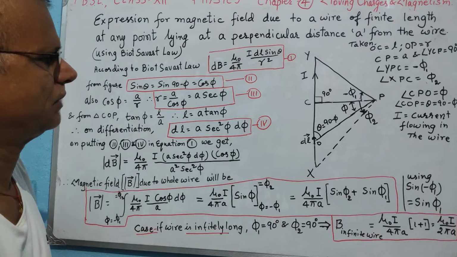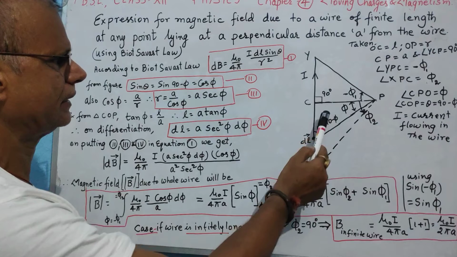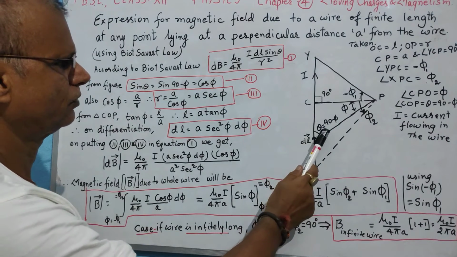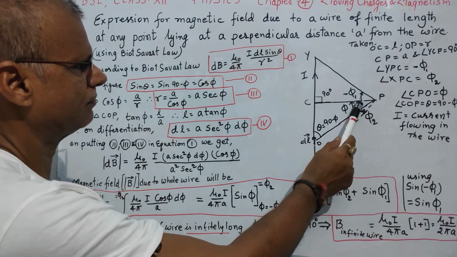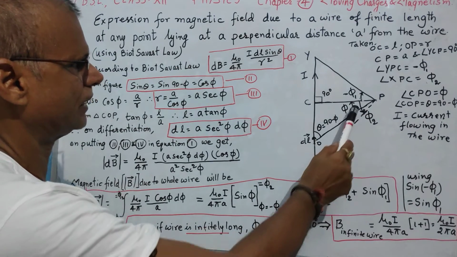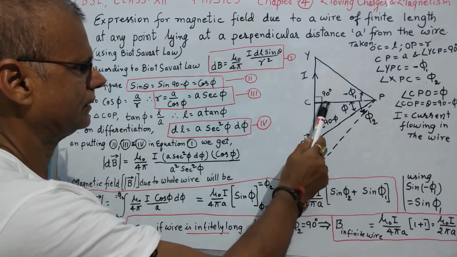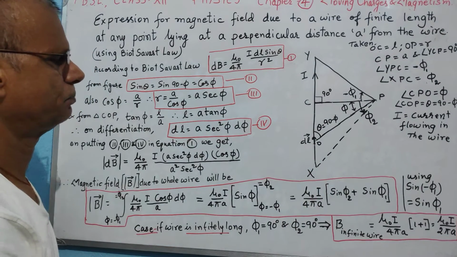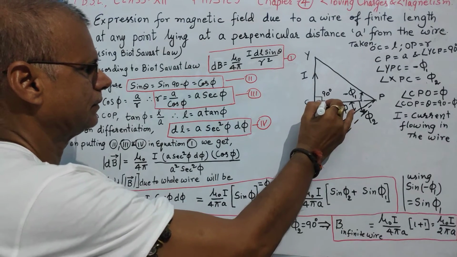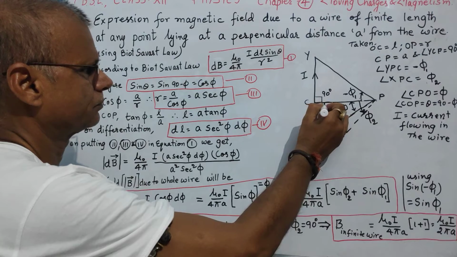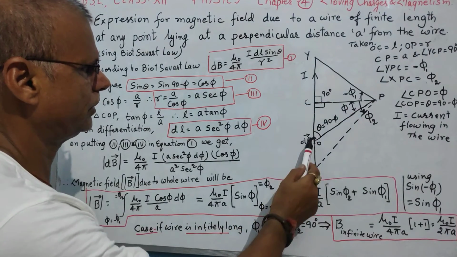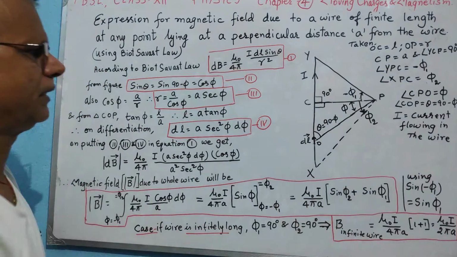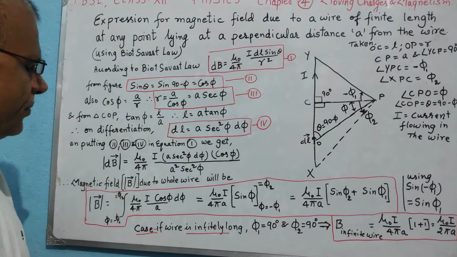Also, it is very much visible from the right angle triangle CPO. We have theta equal to 90 minus phi because we have considered this angle CPO as phi, and this angle PCO is 90 degree. So the angle COP will be 90 minus phi.